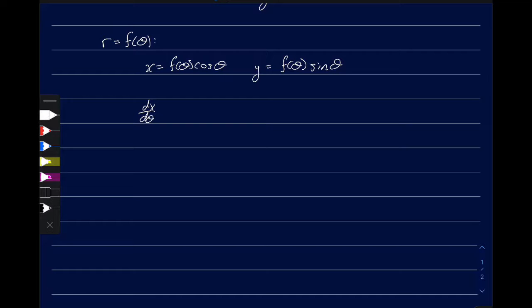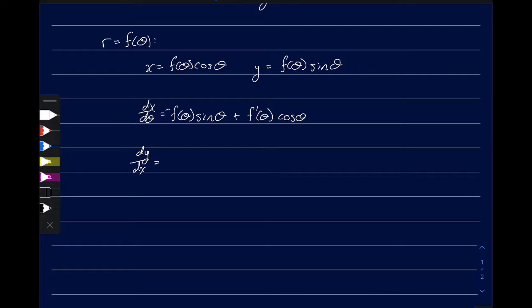Now this tells us that dx/d theta is going to be equal to, using the product rule, the first times the derivative of the second, so f of theta times negative sine of theta, plus the second times the derivative of the first, so f prime of theta cosine theta.